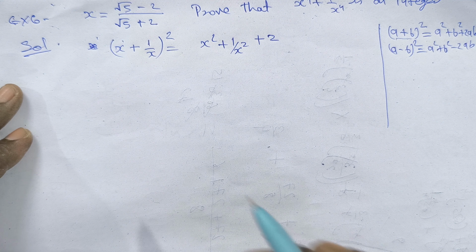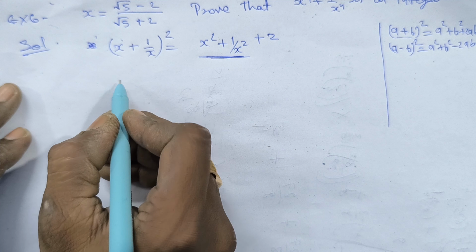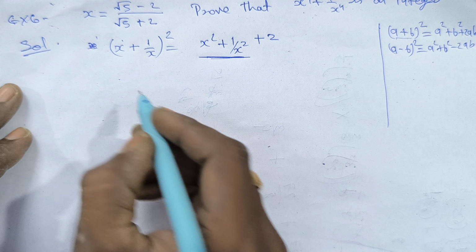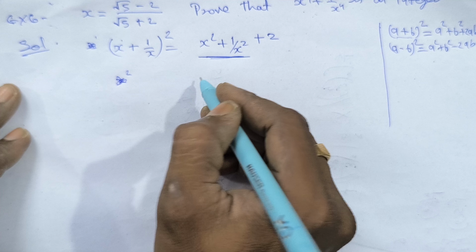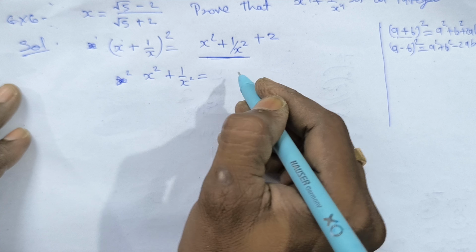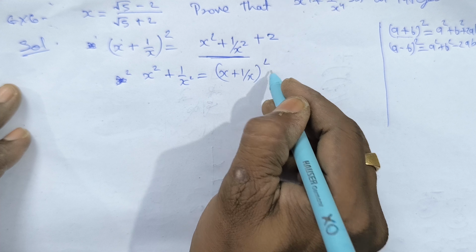Now we got this one, right? Now we need to find x power 4. So from this we find x square plus 1 upon x square equal to x plus 1 upon x whole square minus 2.